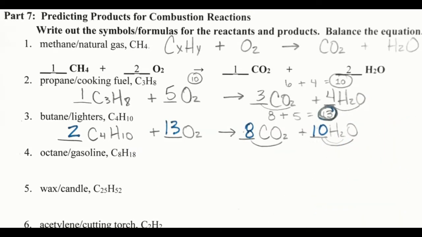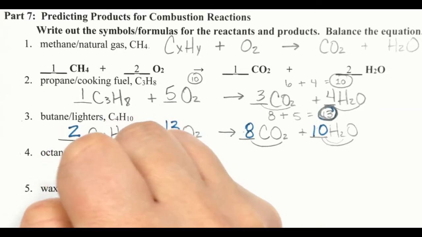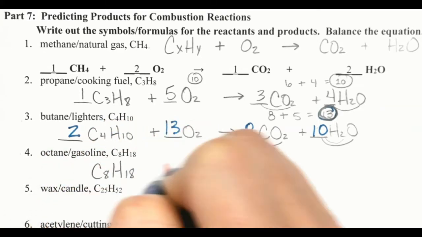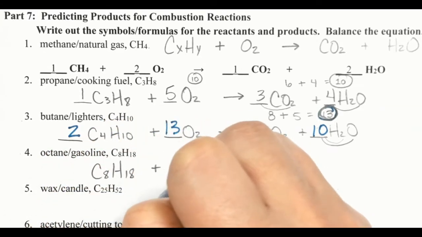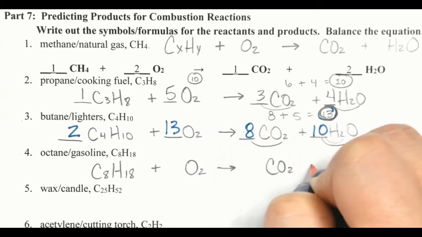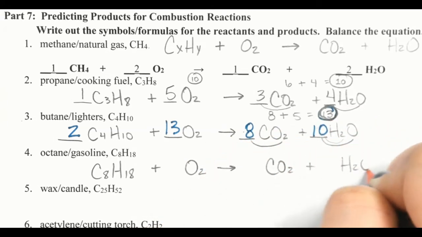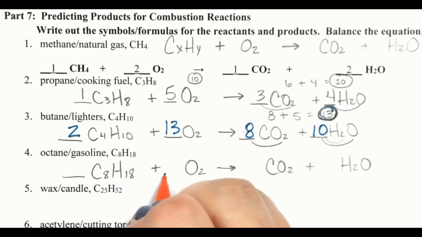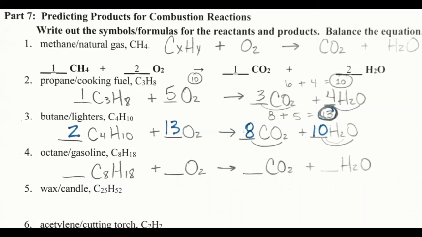Number 4, we have C8H18 plus O2 yields CO2 plus H2O. Let's balance our coefficients.